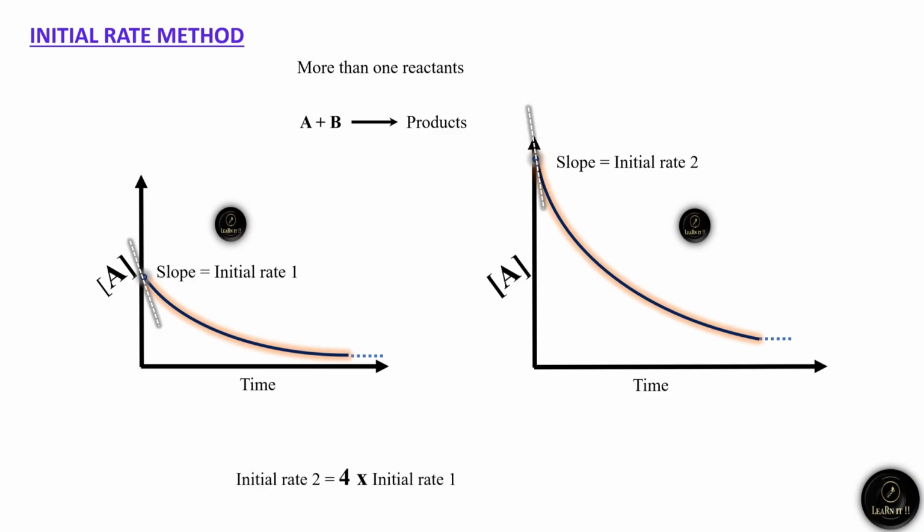If initial rate 2 is 4 times the initial rate 1, it means that after doubling the concentration of A, the rate increased to 4 times. So it means the order with respect to concentration of A is 2, or a second order reaction.